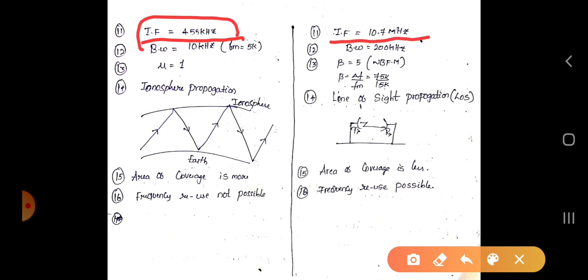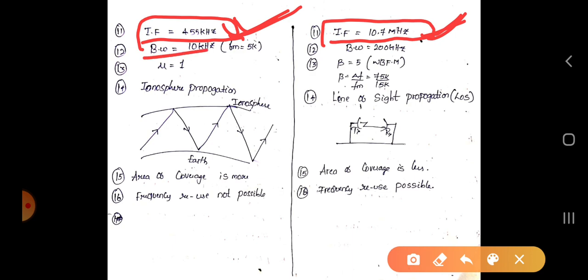Similarly, the intermediate frequency is 10.7 megahertz in FM. These are the standard values used in the textbook, but it may vary depending upon the application. But according to the syllabus and the textbook, from the exam point of view, we should take 455 kilohertz or 500 kilohertz as the intermediate frequency. Similarly, in FM radio, the intermediate frequency is 10.7 megahertz.